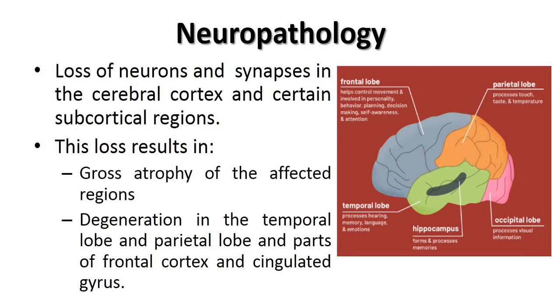All these areas are affected in Alzheimer's disease. Which are the areas? Temporal lobe, the parietal lobe, parts of the frontal cortex and cingulate gyrus. These are all affected by Alzheimer's disease.